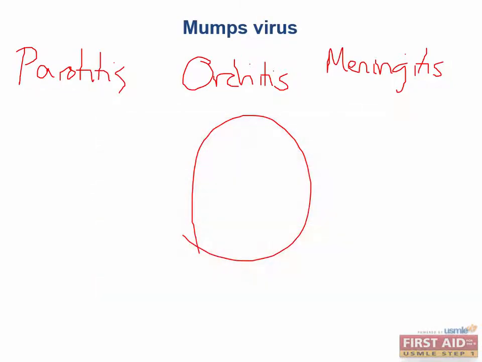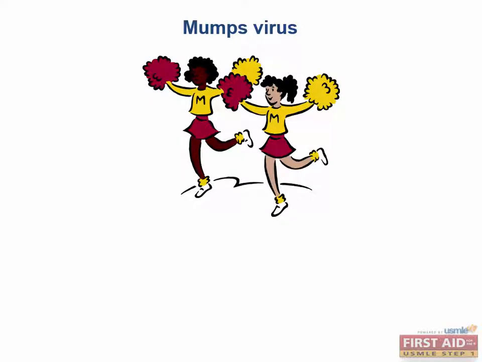If we look at the letters that start each of these inflammatory conditions, we form the word POM. We can remember that these inflammatory states occur as a result of mumps virus infection by remembering that mumps virus makes our parotid glands and testes as big as pom-poms. The mumps virus is the last virus protected by the MMR vaccine.